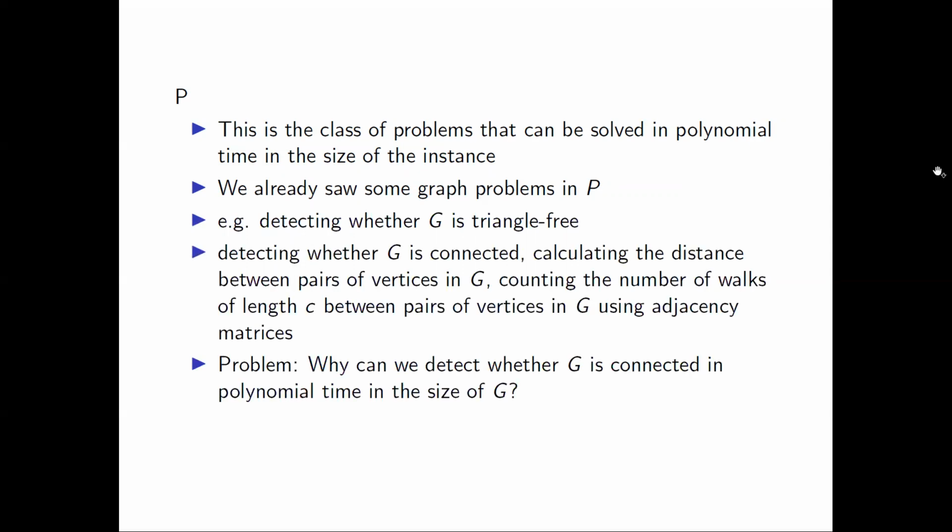And much earlier in the course, back when we were talking about adjacency matrices, we discussed some algorithms for detecting whether a given graph G is connected, calculating the distance between pairs of vertices in G, and counting the number of walks of a given length, like 1, 2, or 3, between pairs of vertices in G. All of these problems we're able to solve using the adjacency matrix of G. And I claim the algorithms that we discussed to solve all of these using the adjacency matrix were polynomial time algorithms.